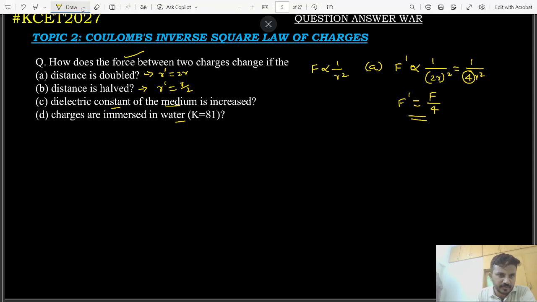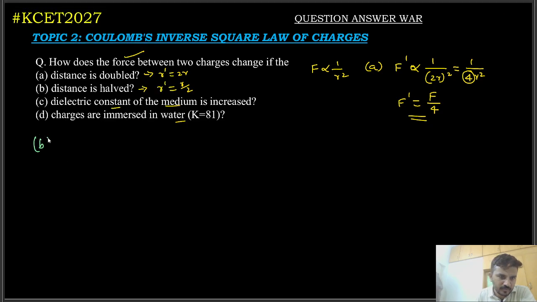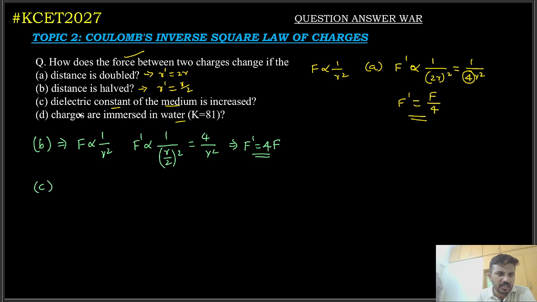Okay, next. Let us take the second question, wherein we have r dash is r by 2. So F is inversely proportional to r square. F dash is inversely proportional to (r by 2) whole square. So that is 4 divided by r square. F dash is 4 times F. Next, C, the dielectric constant of the medium is increased.